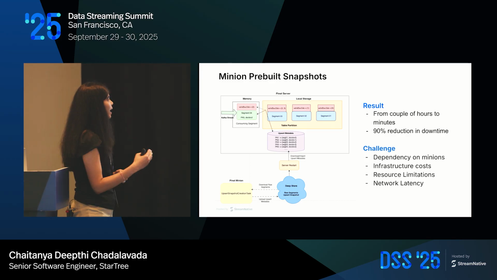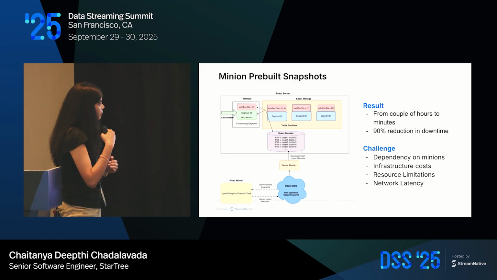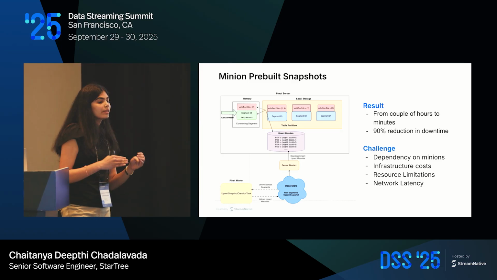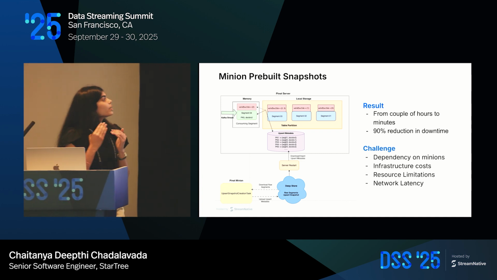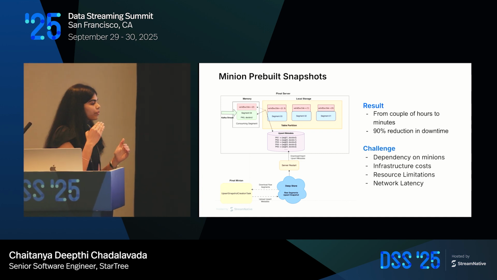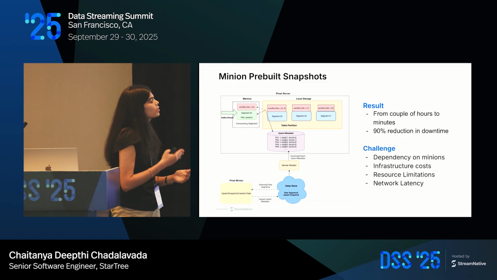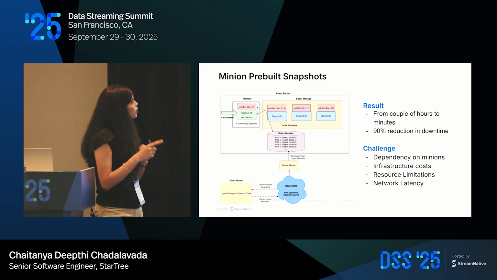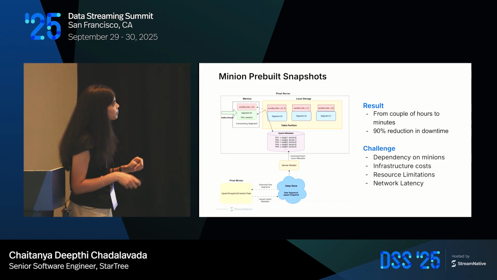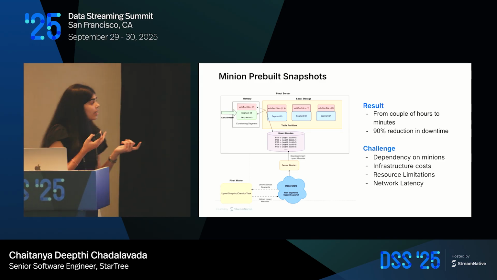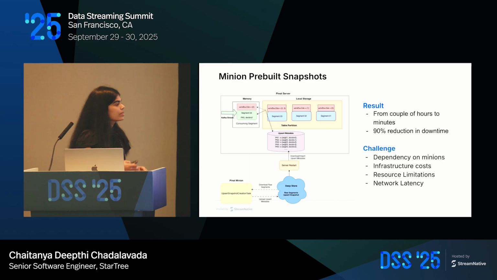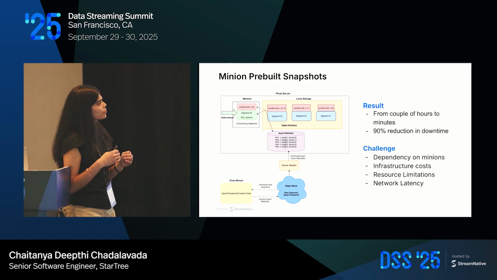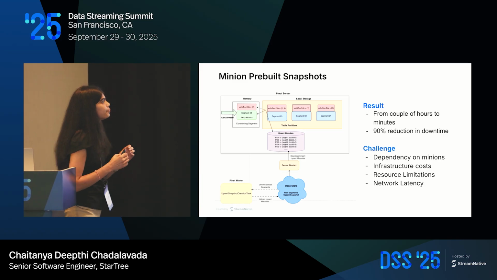And once the server comes back up, we take those snapshots, bootstrap that metadata onto the servers, and the rest of the segments which didn't generate that metadata from the time we took snapshots to the current time, we will be reconsuming those segments again and doing the upsert process again. With that, even in the worst case, we try to reduce the downtime of servers by almost 90%, which is from a couple of hours to minutes.